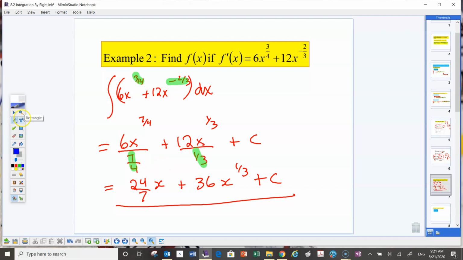This should be x to the 7/4. Okay, now, to check if we're right, if we take the derivative of this, the 7/4 comes out front, I'd be left with x to the 3/4. And if I took the derivative of this, I would get 12x to the -2/3, and the derivative of a constant is 0, so I would get what I started with.